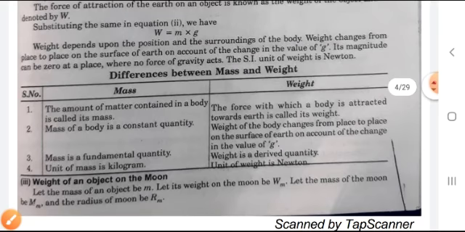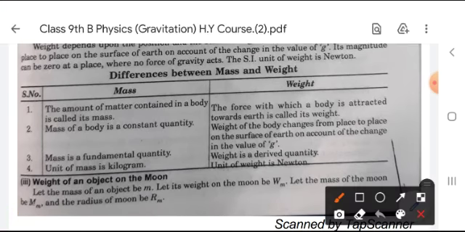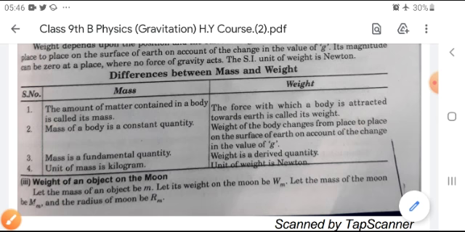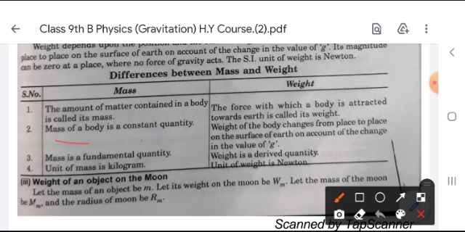Now we can find the differences between mass and weight. There are four differences given here. First, mass is the amount of matter contained in a body. However, weight is the force with which a body is attracted towards earth. Second point, the mass of a body is a constant quantity.